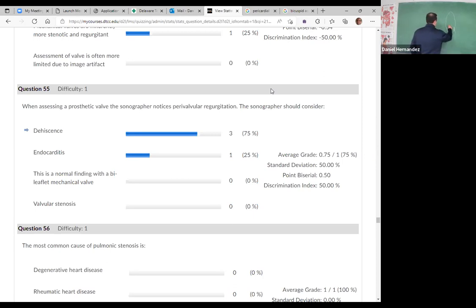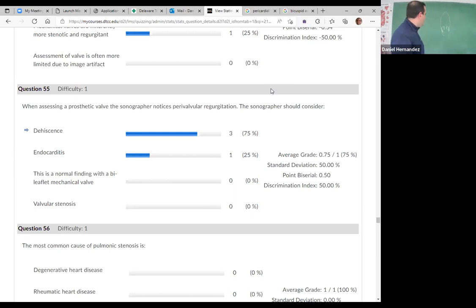If I have regurgitation, say from a double tilting disc valve, and central regurgitation jets, something along those lines, that's fine. That's normal. We just have to understand which valve it is, what the manufacturer is, the size of the valve, and compare it to previous imaging to determine if it's getting worse, if it's something new or progressing, and if it's of clinical significance.